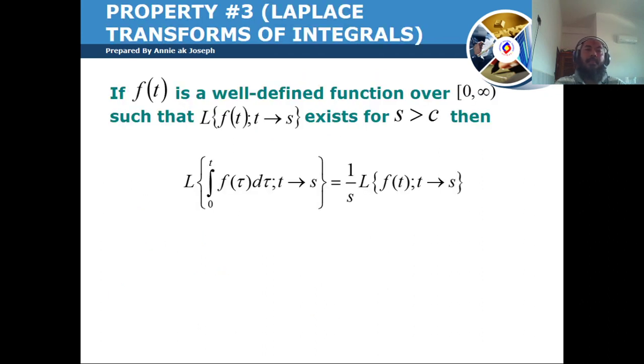Okay, so now we continue with Laplace transform property 3. Previously, in week 9, we studied properties 1 and 2. Now we move to property 3.